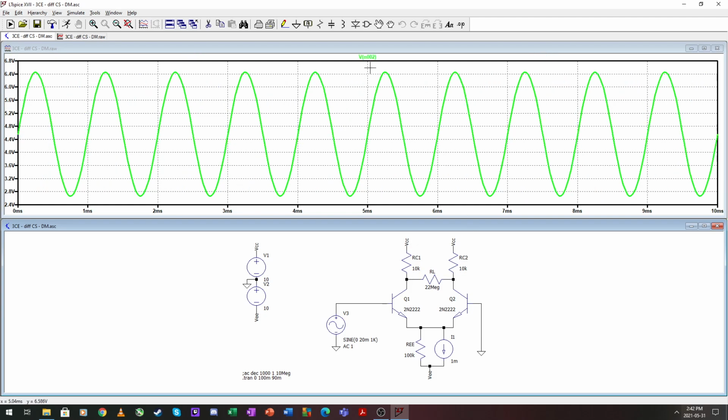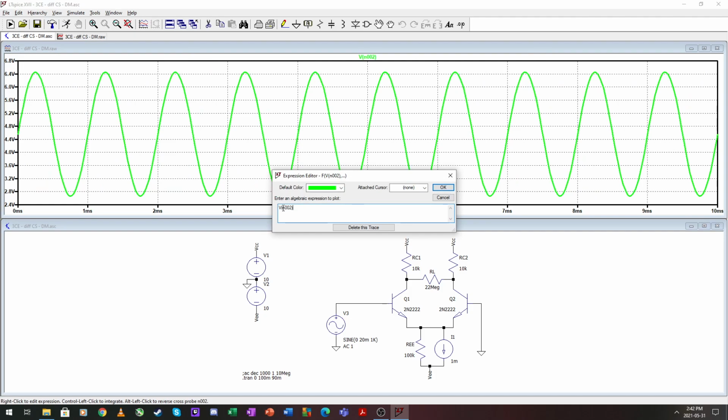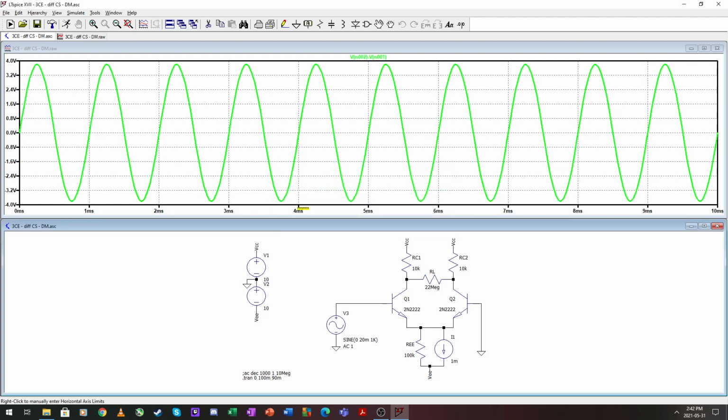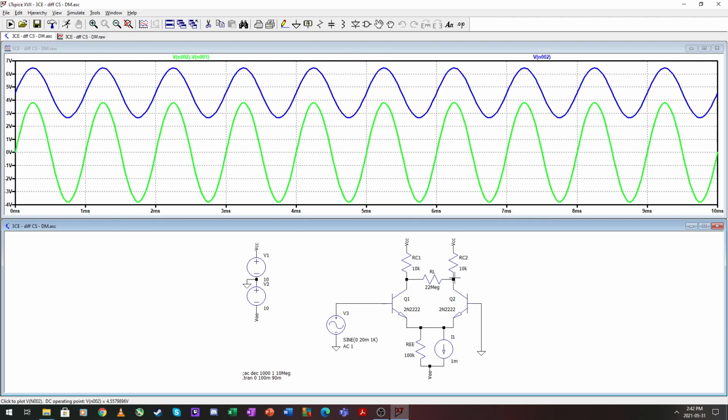So if we take the differential like this, our input is 20 millivolts and our output goes to plus minus 4 volts, which confirms our 200 volt per volt gain. If we look at this just on the one side, that is half the gain that we have here.